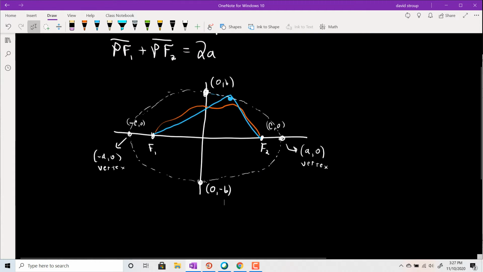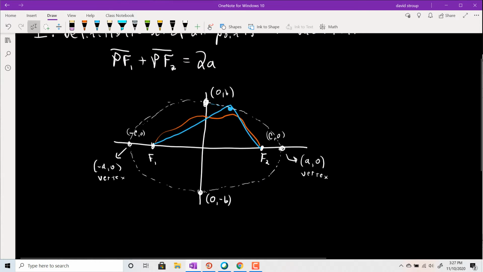The longer axis, the length on the x-axis from one vertex to the other, is called the major axis. Right now it's oriented horizontally, but you can have the major axis oriented parallel to the y-axis as well. Half of the major axis is called the semi-major axis.